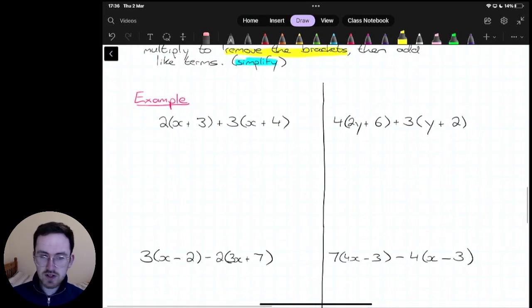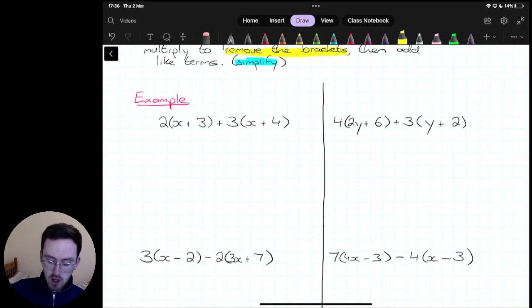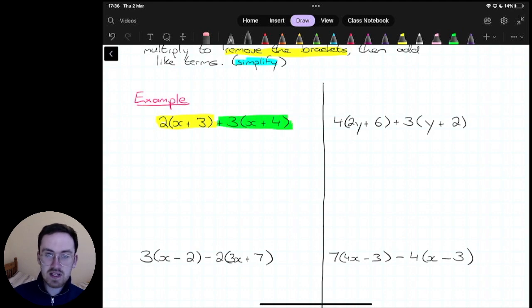Looking at the first example here, in the top left, we can see there are really two sums that we're trying to do. The first one is in the yellow here. The second one is going to be the green. So let's start with the yellow one first.